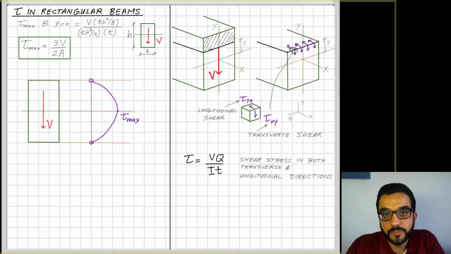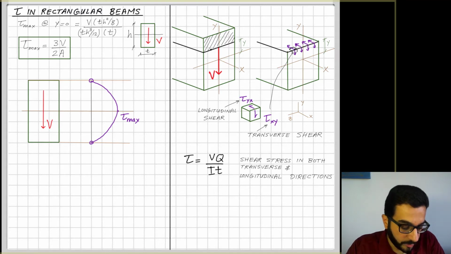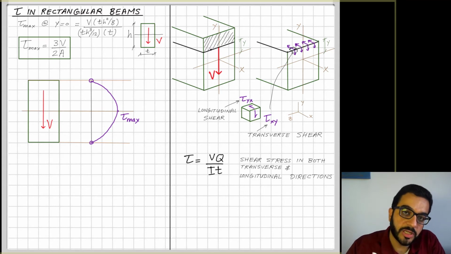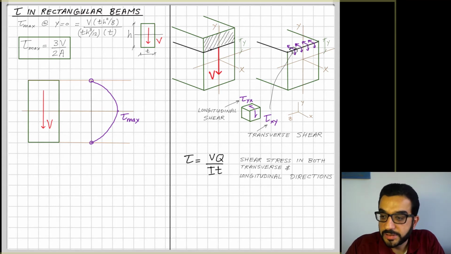And for shear stress from V, the shear force, the key factor is really Q, VQ over IT. This Q, the first moment of area of the part that you slice to analyze the stress, is really the key. All right, that's it for this video.